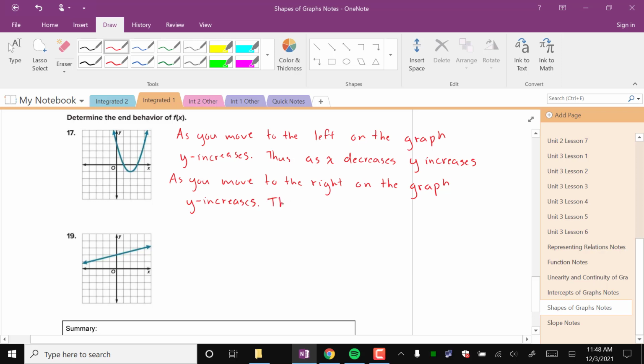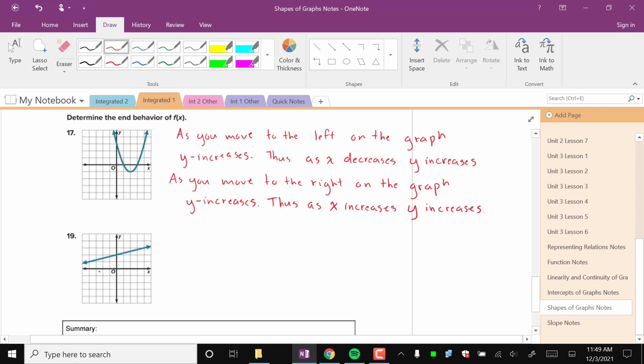Thus, as x increases, y also increases. And if you look at it, it's this U that comes down and then goes up. But again, we're looking out from that center spot as we go further and further into the negatives. We're going higher and higher up. Further and further into the positives, we're going higher and higher up.